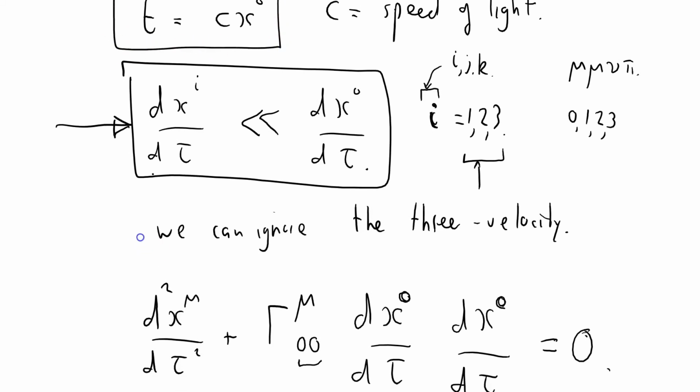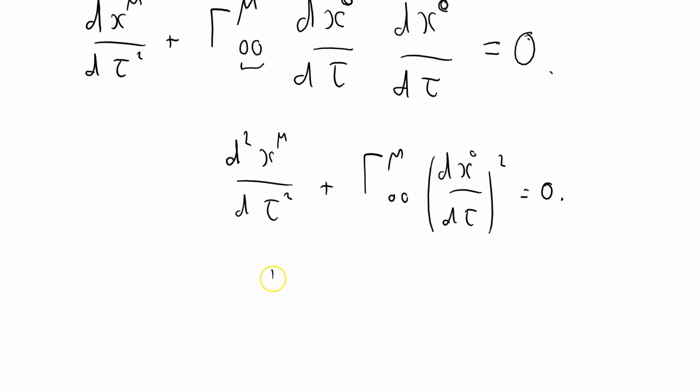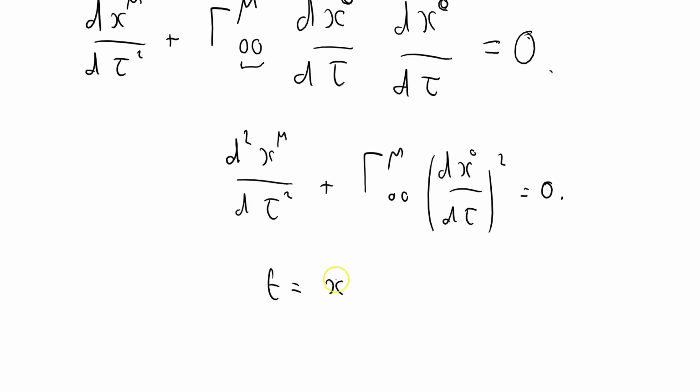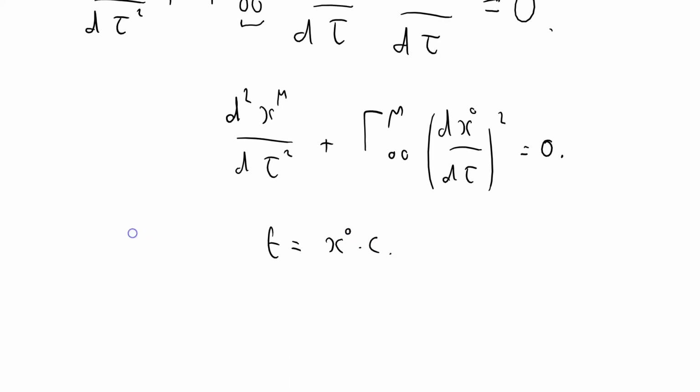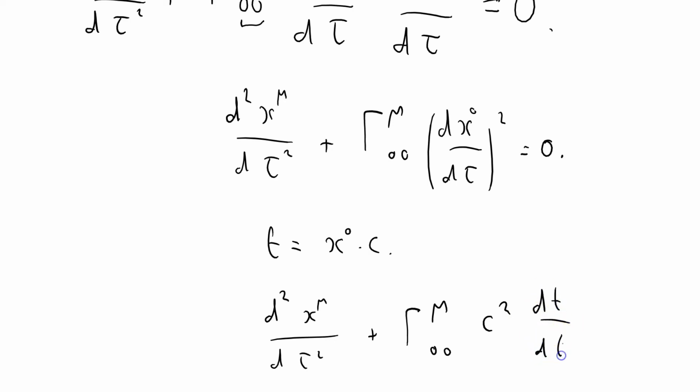I've defined t to be equal to c x⁰, so t equals x⁰ times c. So that tells me d²x^μ/dτ² plus Christoffel symbol Γ^μ_{00} times c² times (dt/dτ)² equals 0.